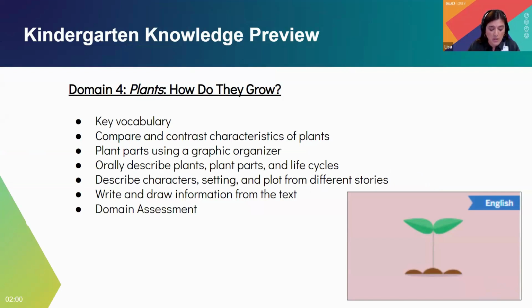They will be introduced to the concepts of the life cycles of plants, pollination, and photosynthesis, which will lay a foundation for a broader understanding of ecology and the interdependence of all living things. Students will share their knowledge through writing and drawing activities.